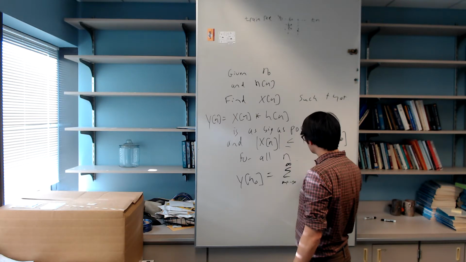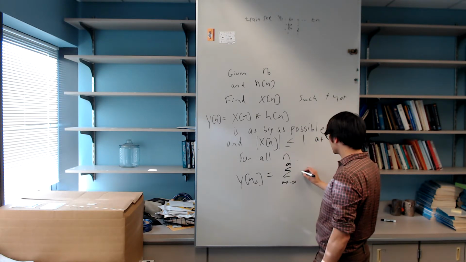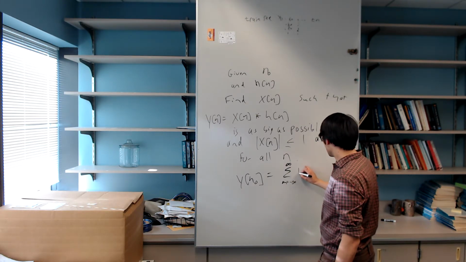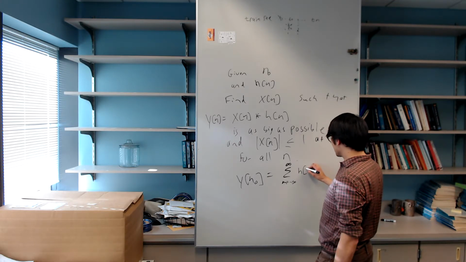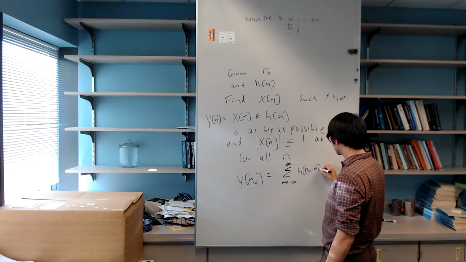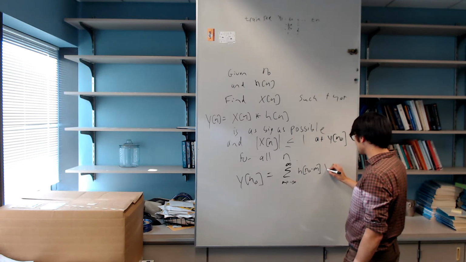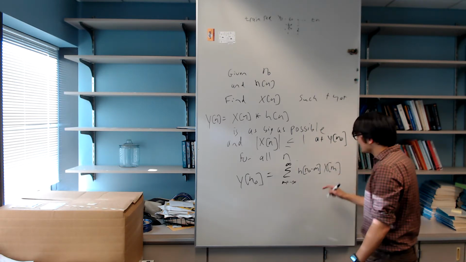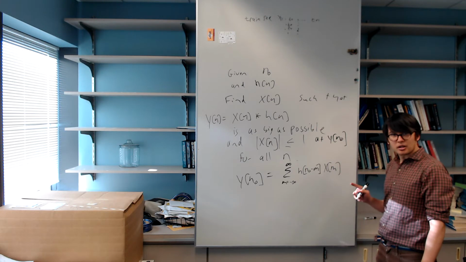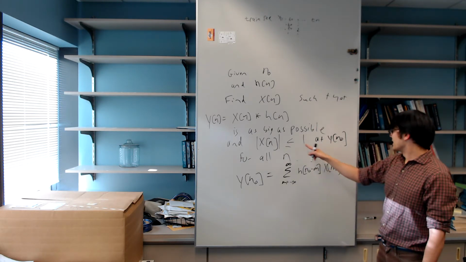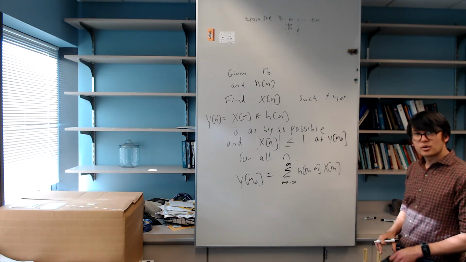It is equal to the sum over m from negative infinity to infinity of h[n0 - m] times x[m]. And we want to make this as big as possible with |x| less than or equal to 1.